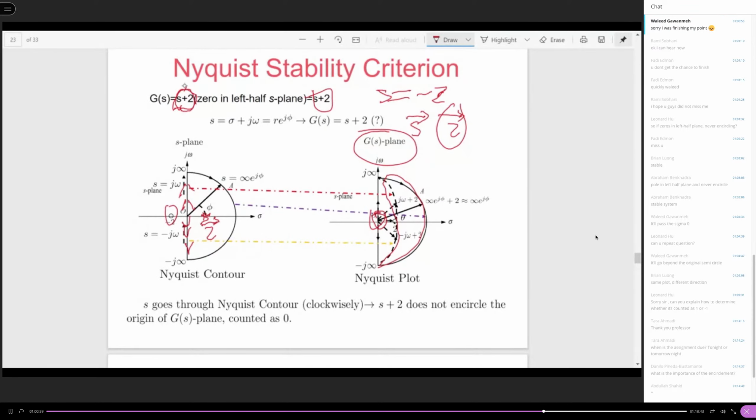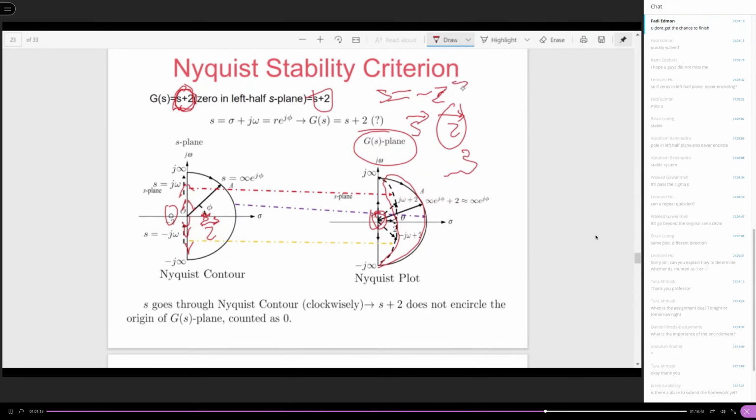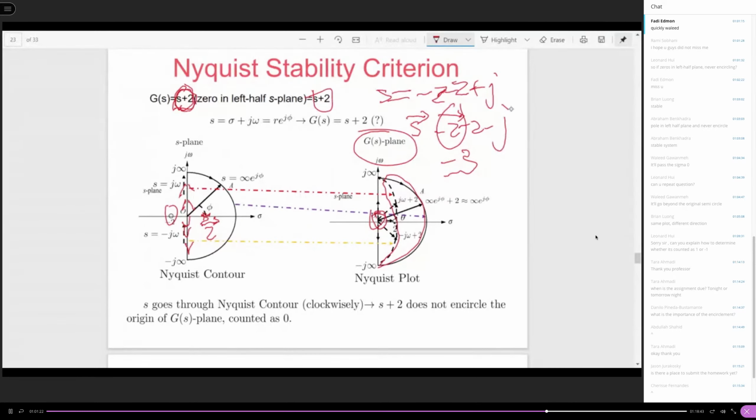That is the case when you have the zeros in the left half plane. It will always be like that. It doesn't matter where this left half plane zero is located. It doesn't matter if it's minus 2, minus 3, or minus 2 plus j, or minus 2 minus j.